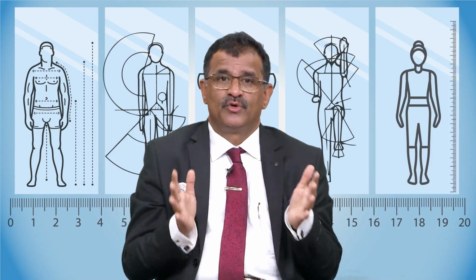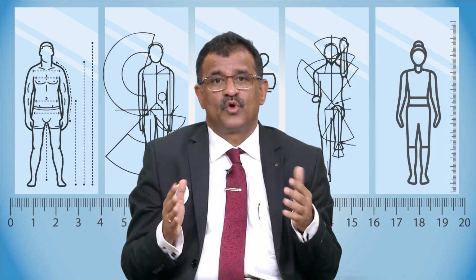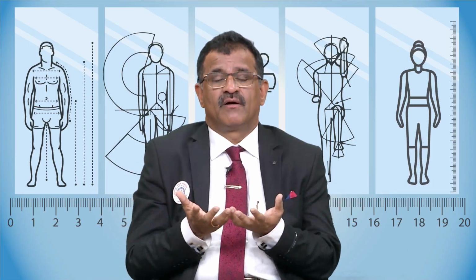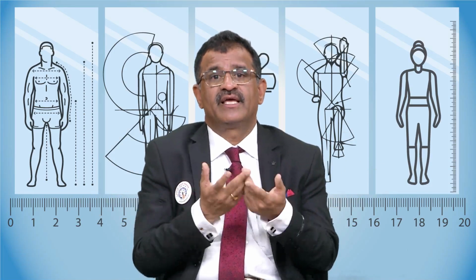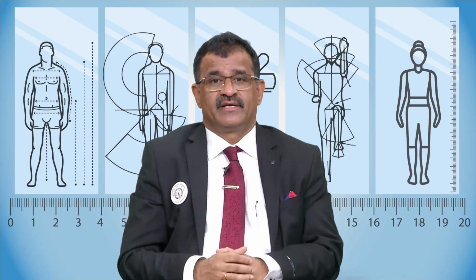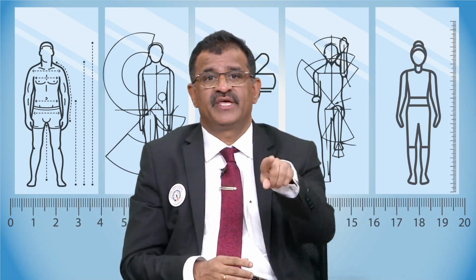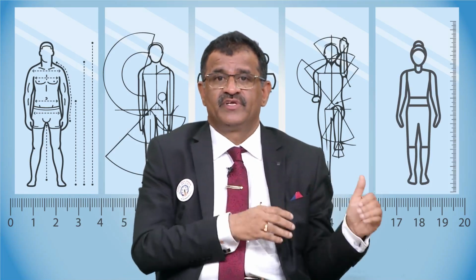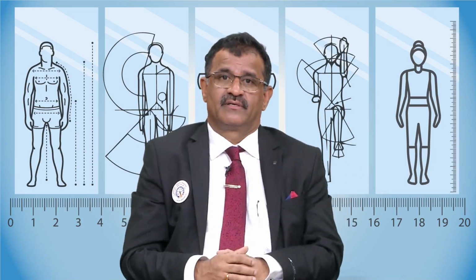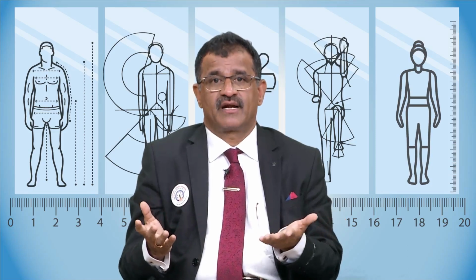Nevertheless, WHO, World Health Organization, is a global organization for health concerns, health issues. So, they have provided interpretation guidance and we have to compare that with our anthropometric data.